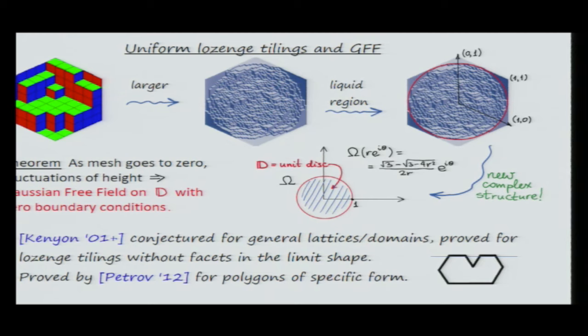And so that logic was carried out by Rick in the situation when the tilings don't have problems near the boundary. Okay? Particularly, it's a very clean argument when one doesn't need to change the complex structure. That happens when the boundary conditions three-dimensionally are flat. And then the next level of difficulty is when the boundary conditions don't impose any frozen regions, so any parts with a solid color.